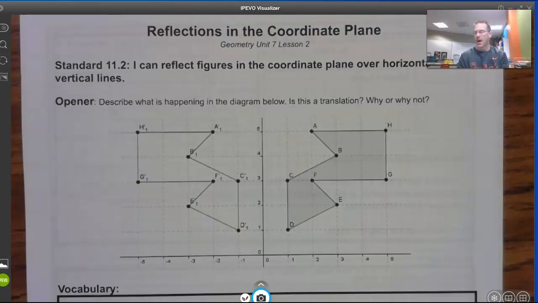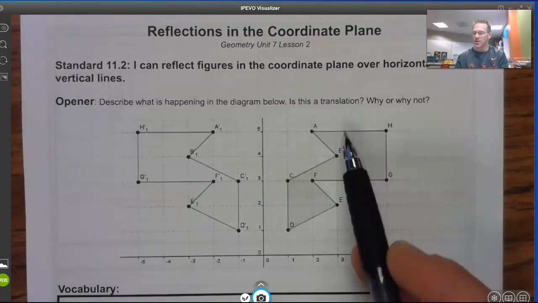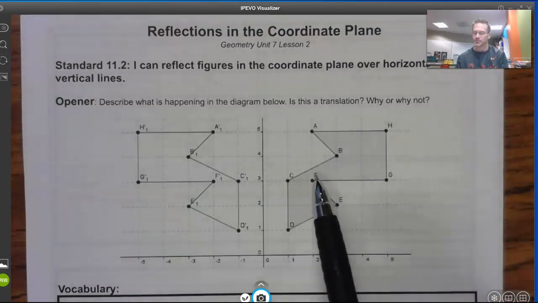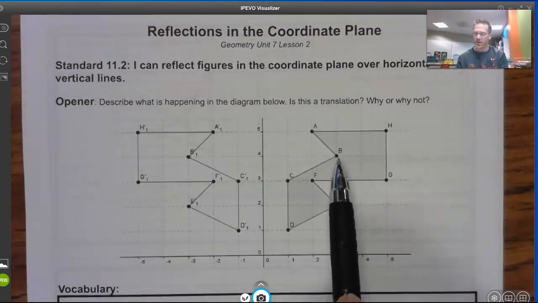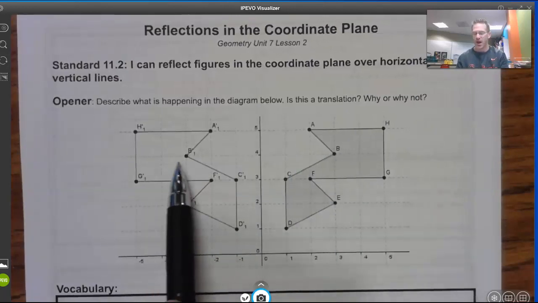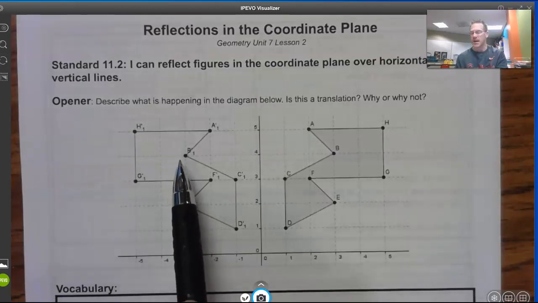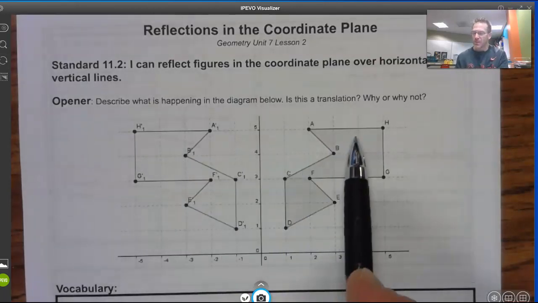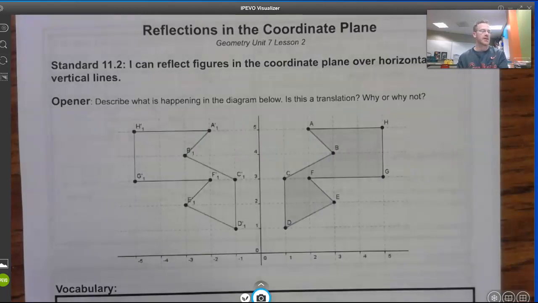All right, so we know it's not a translation because if it's a translation, it would still be in the same orientation. Notice when I go from the shaded figure here to the non-shaded figure over here, it's flipped, and it is reflected. When we translate things, they don't change orientation.